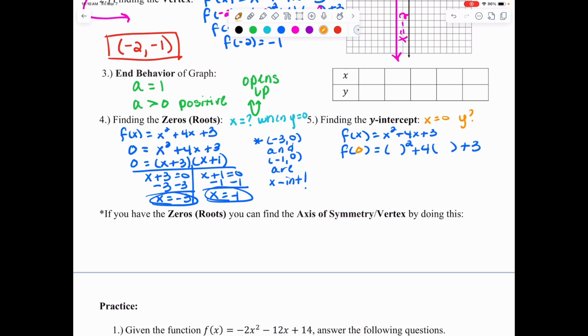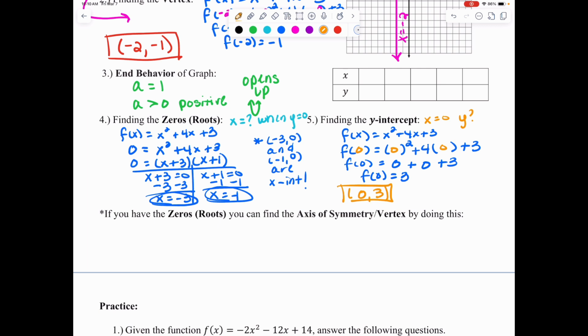And I'm going to replace everything so that you can see nice and color-coded that I'm putting in 0 in all of the x's positions. So that means f of 0 is 0 plus 3. So f of 0 is 3. And that means that 0, 3 is my y-intercept.